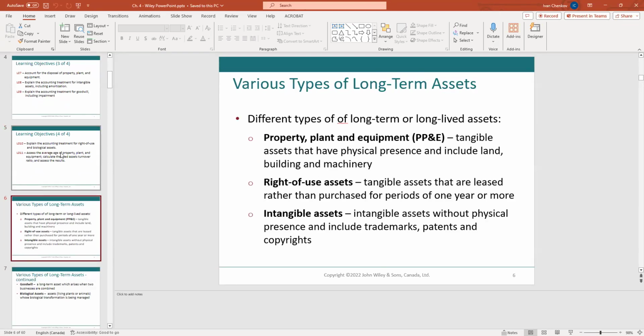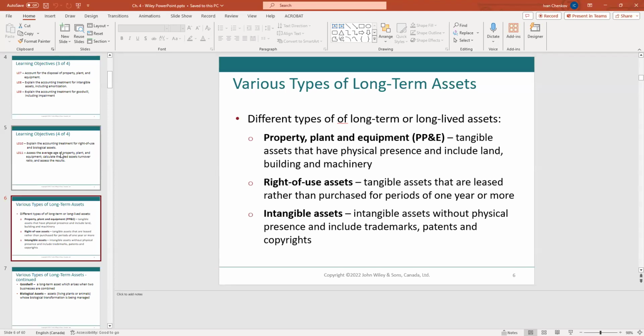So let's go first. We have different long-term assets in the company, based on the term and based on the life. There's property, plant, and equipment, and when we say property, plant, and equipment, that includes everything which is tangible, meaning having a physical presence, which includes land, buildings, machinery, equipment, computers, and everything like that.